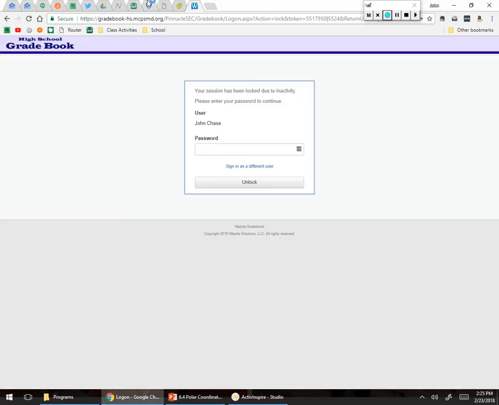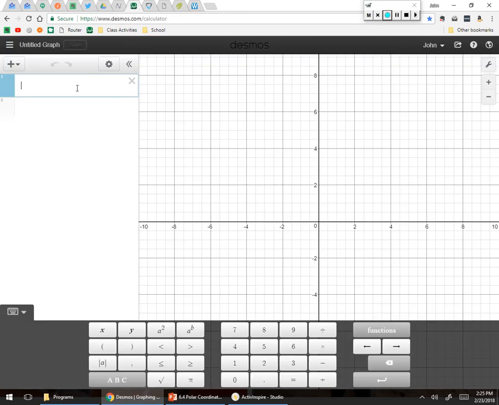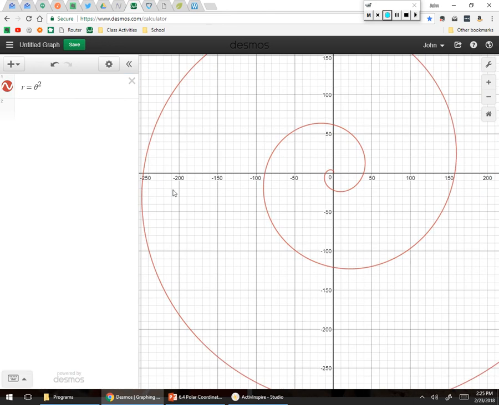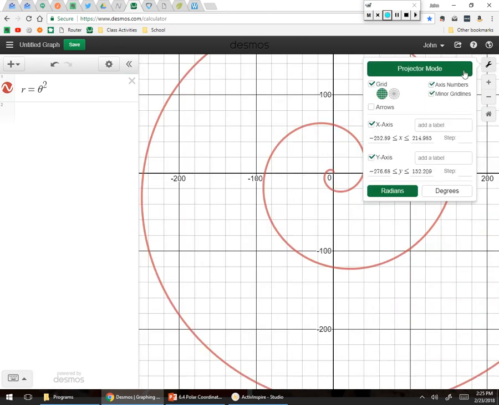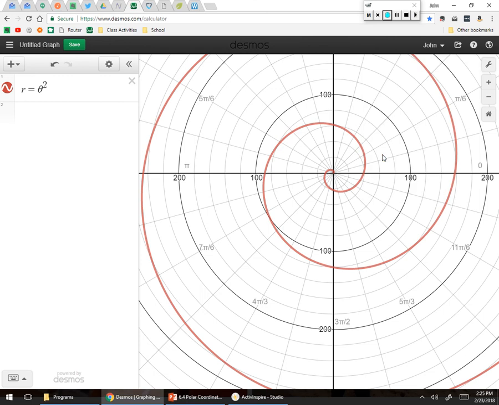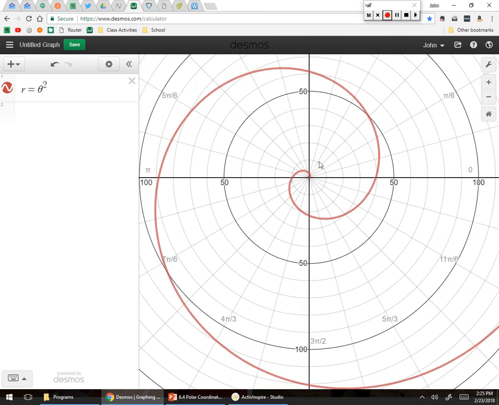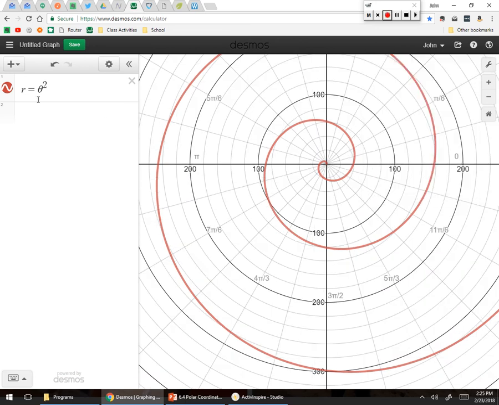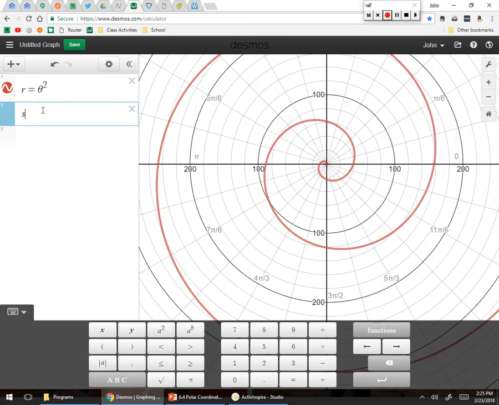Let me pull up Desmos to show you how this goes. If you're in Desmos and you're doing this, I just typed in r equals theta squared. By the way, in Desmos you have the ability to do polar grid coordinates too if you want. So let's type in the thing I just typed in.